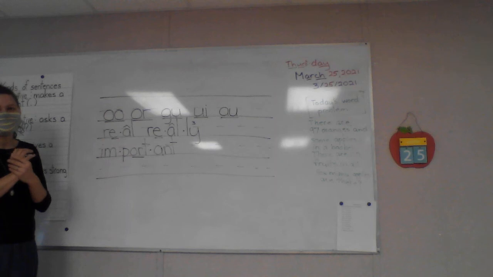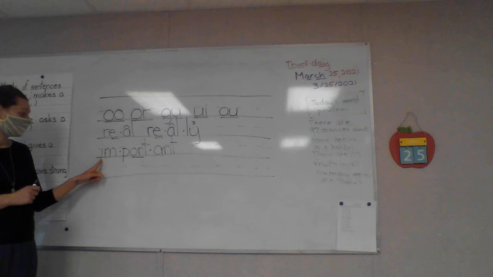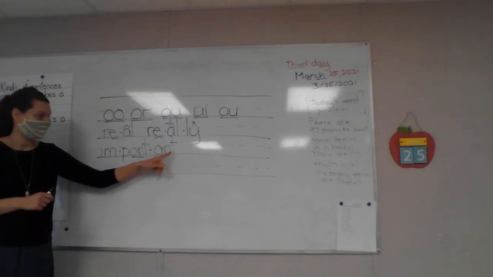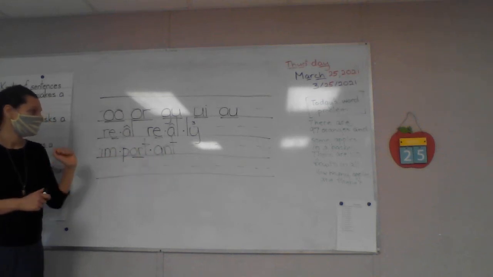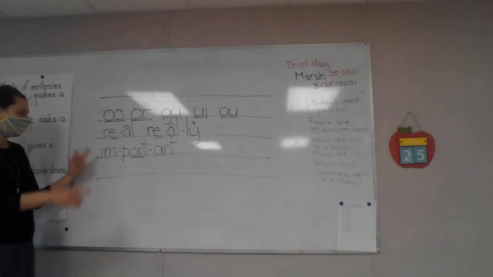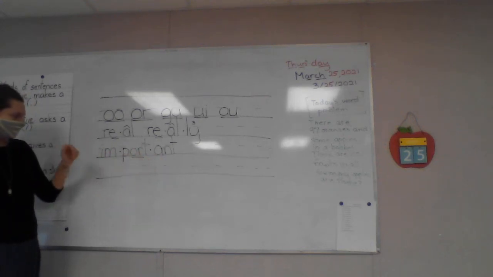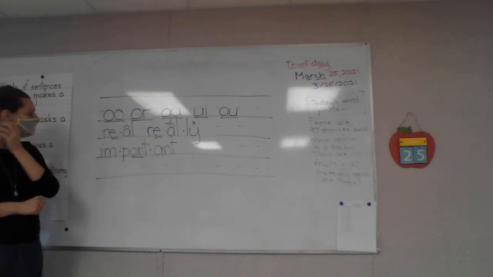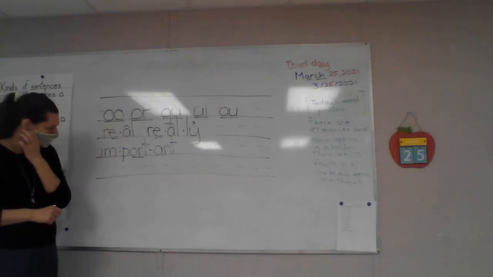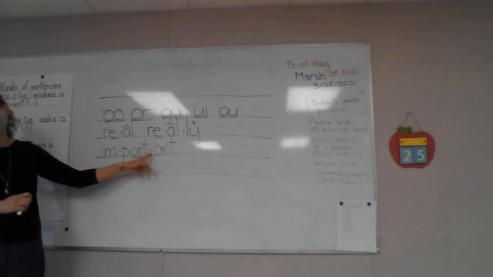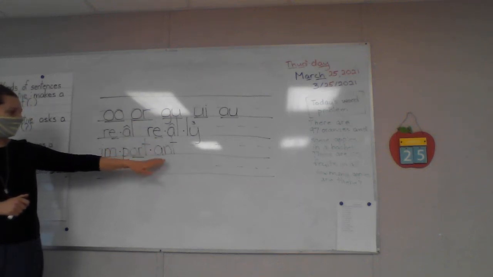We can do that when I have everyone's eyes up here. Important. Good. So if we're talking, it sounds more like important. But so we're hearing the spelling word, we say important to spell it. So I'm leaving the syllable break where it is.